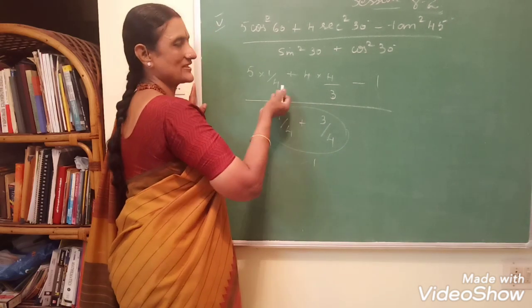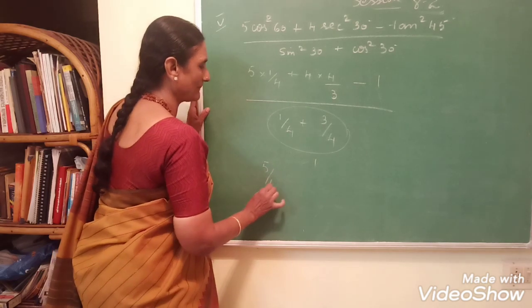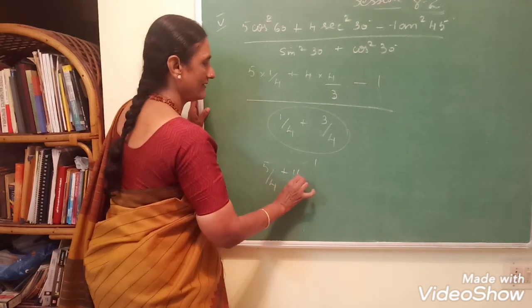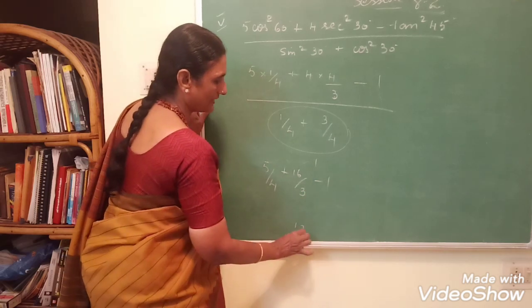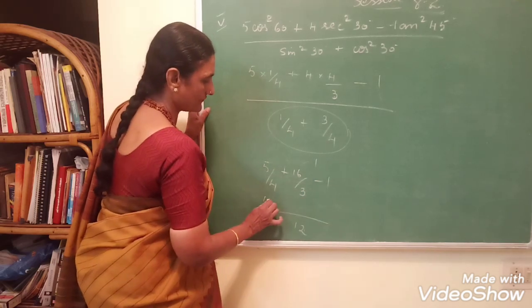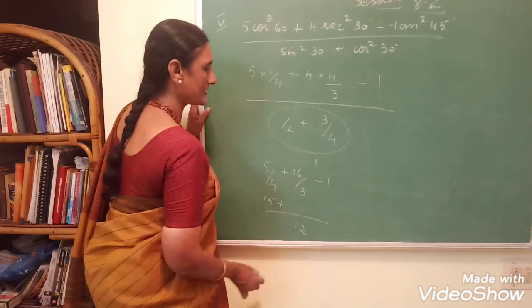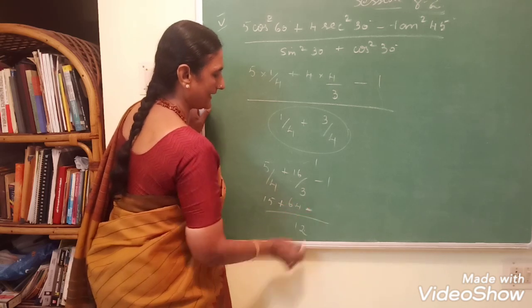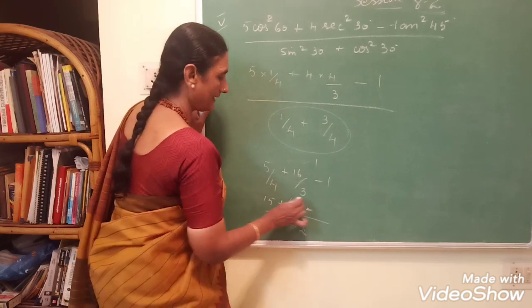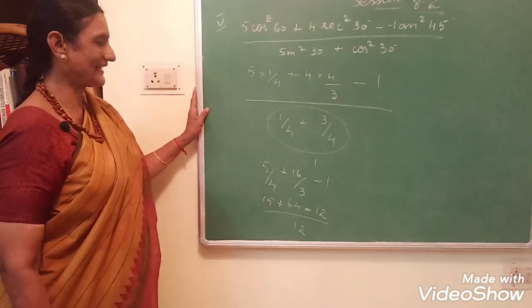So it is enough if you simplify only the numerator. This is a very simple fraction calculation. 5 by 4 plus 16 by 3 minus 1. So 12 is the LCM. 15 plus 4 times 16 is 64, minus here 12. Correct? Are you understanding?